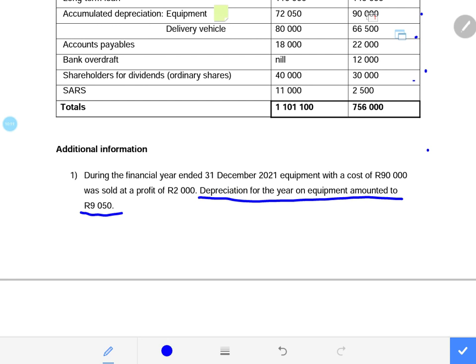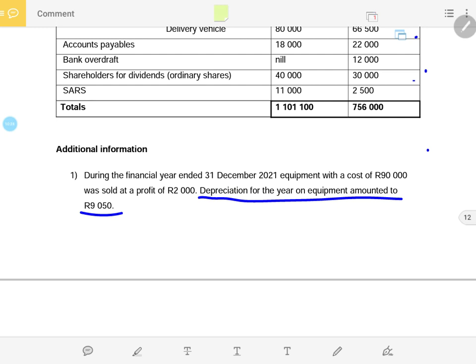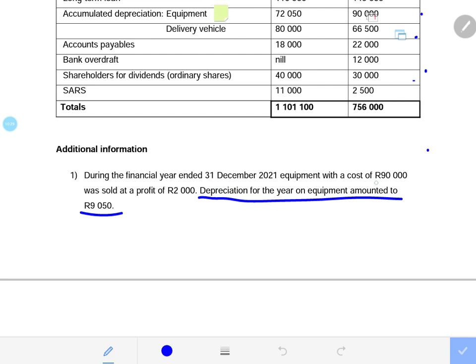We are referring to the depreciation of the equipment for the current year, from the beginning of the year up until the end of the current year. That is the depreciation for both equipment that is sold and the one that is not sold, because we have an equipment costing 90,000 that was sold. So the depreciation of that equipment is there in that 9,050.